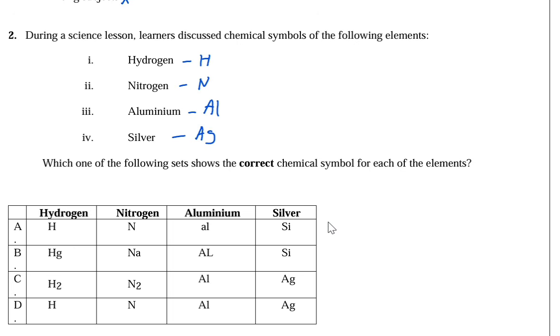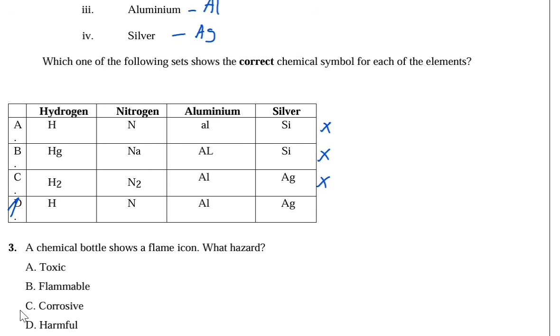This is not the correct answer. Also B, silver, it is not C, it is AG. Also C is not true. Therefore, the correct option is D. Hydrogen is H, nitrogen capital N, aluminium AL, and silver AG. And therefore, for question number 2, the correct answer is D.